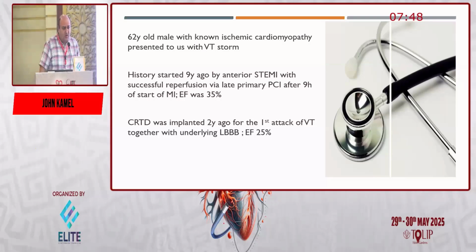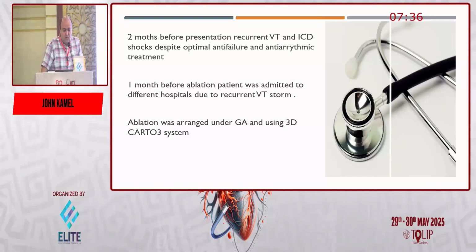Ejection fraction did not improve, although the CRT was in a good place, because it is ischemic cardiomyopathy. Two months before presentation, recurrent VT and ICD shock despite optimum antiarrhythmic and anti-failure treatment. And 1 month before ablation, he was admitted to a different hospital due to VT storm.